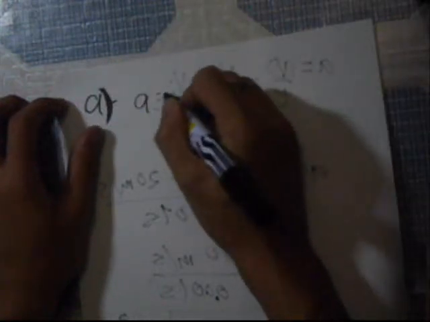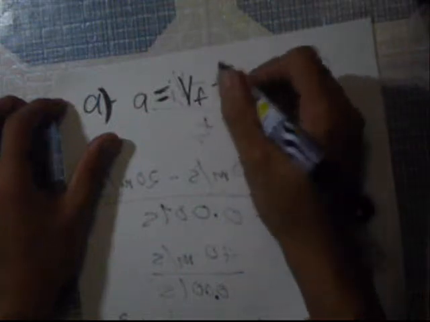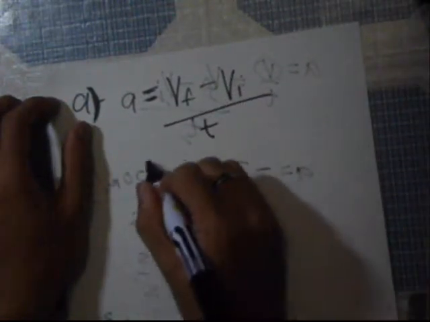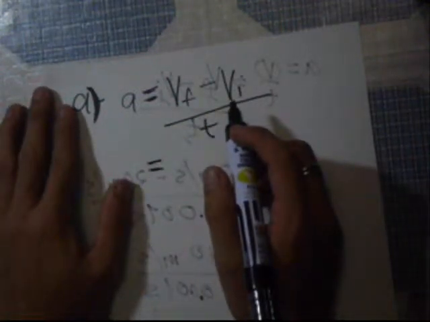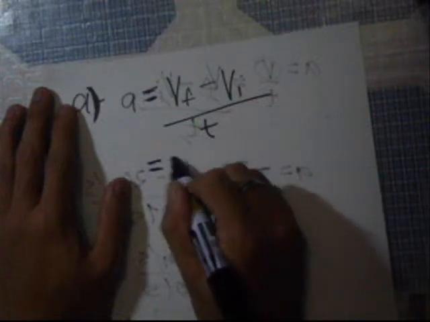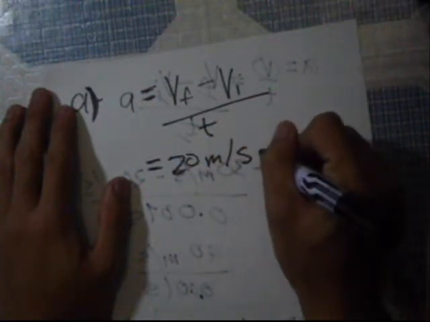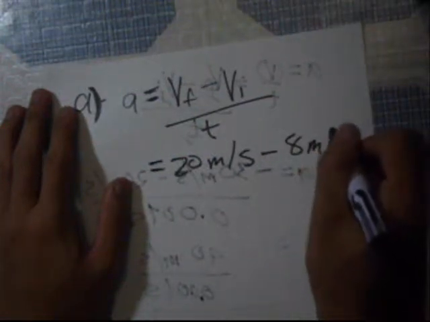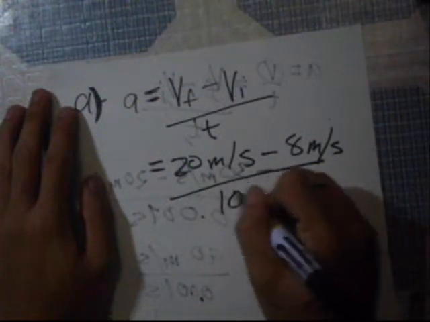The formula for acceleration is a is equal to the final velocity minus the initial velocity over time. So we're given the final and the initial velocity, which is 20 meters per second minus 8 meters per second over 10 seconds.